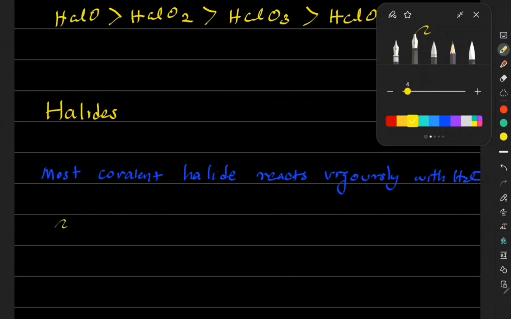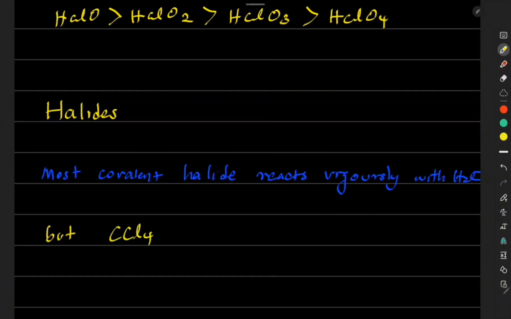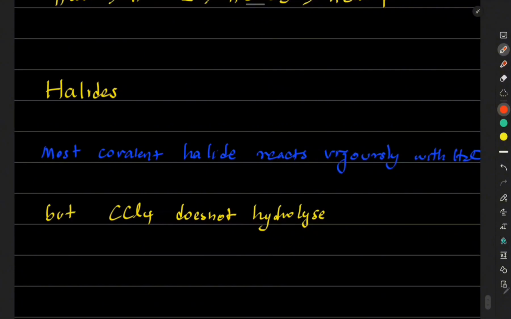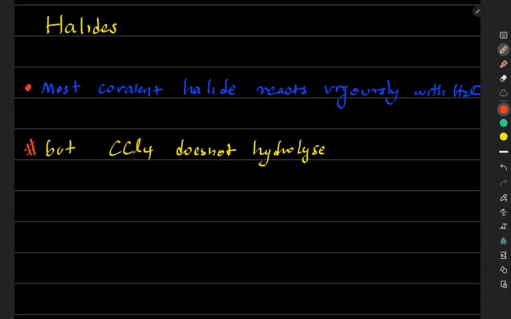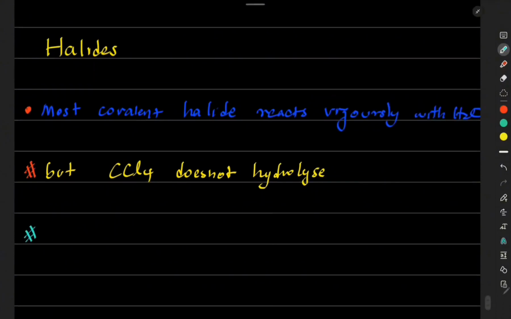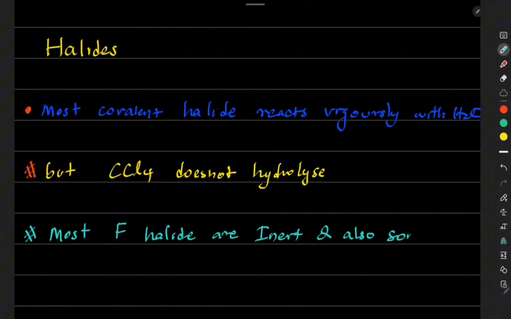It does not react with water. Most of the fluorine halides are inert, and also some other halides are inert.